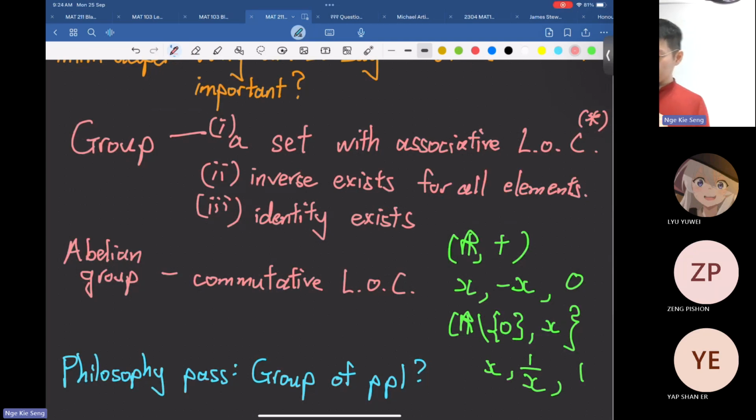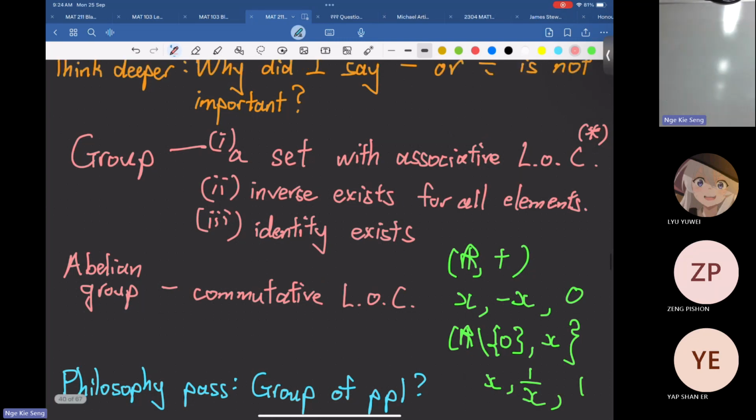Okay, so you can see that we give this definition of a group. You might think about a group of people. How do you regard a few entities as a group? You can see that we have associativity. Associative means any three of you are equally good.